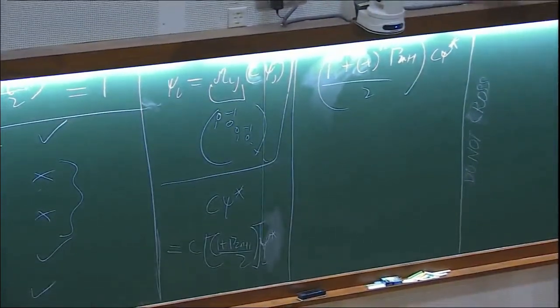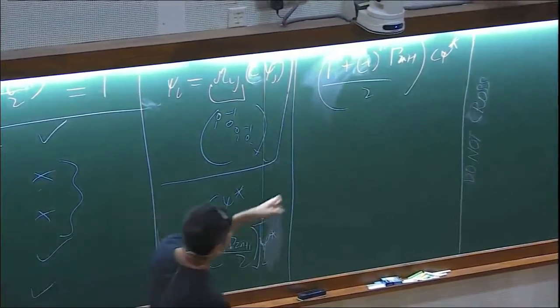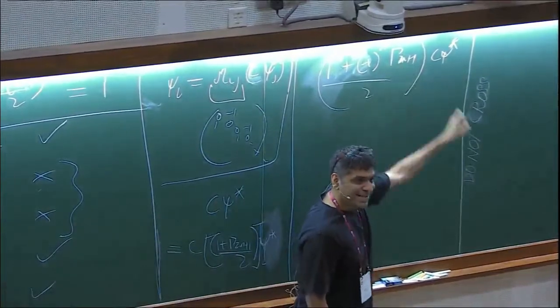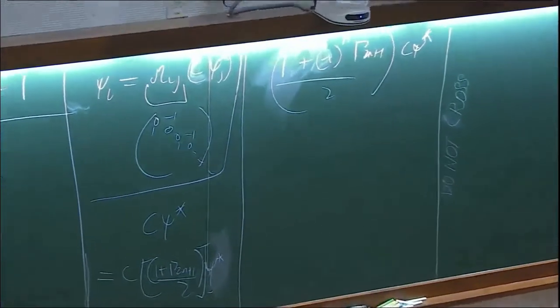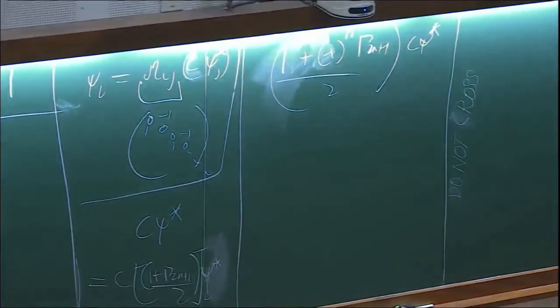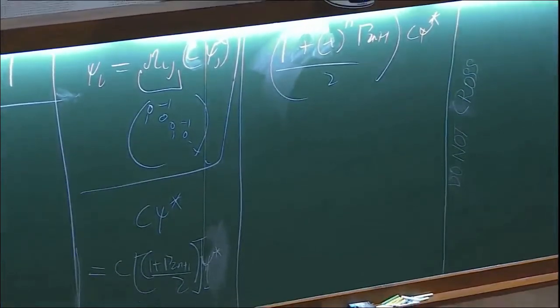So, now we see that when n is even, n is 0, 2, 4, and so on, the complex conjugate of a chiral spinor is a chiral spinor. On the other hand, when n is odd, the complex conjugate of a chiral spinor is an anti-chiral spinor. Is this clear? Okay?